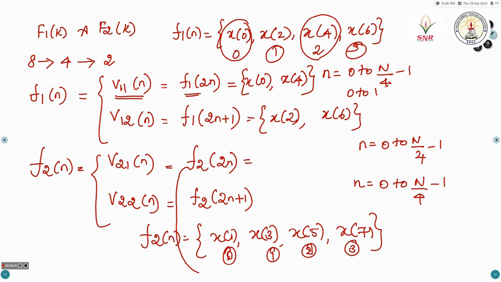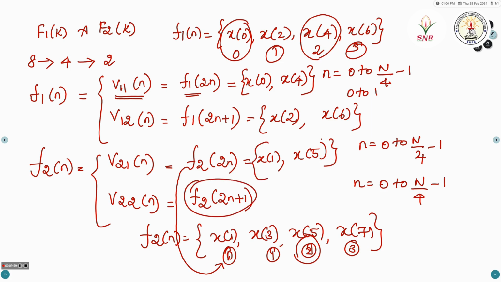So this f2 of 2n is nothing but the even components which represent x of 1 and x of 5. And this f2 of 2n plus 1 represents the odd components which are x of 3 and x of 7.